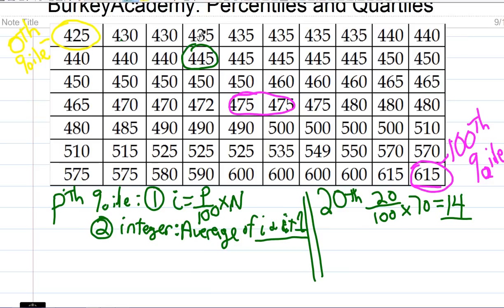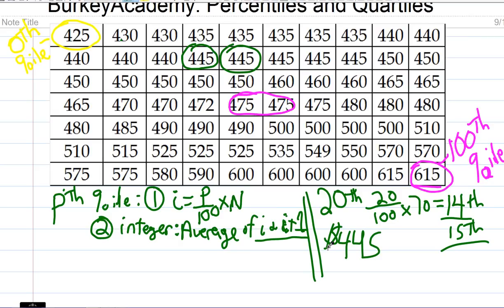The 20th percentile will be the average of the 14th and the 15th number in the list. 445 and 445, they're the same number, so we don't have to average them. Technically, we would average them, and we would get that the 20th percentile is $445. All right, easy enough.